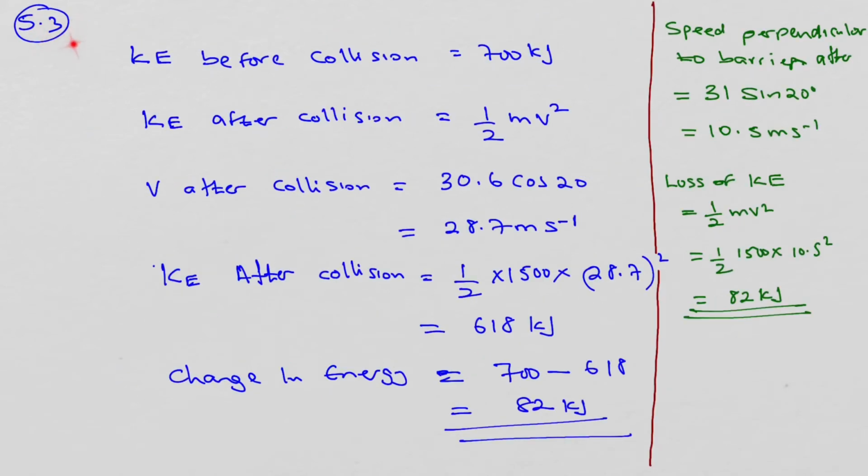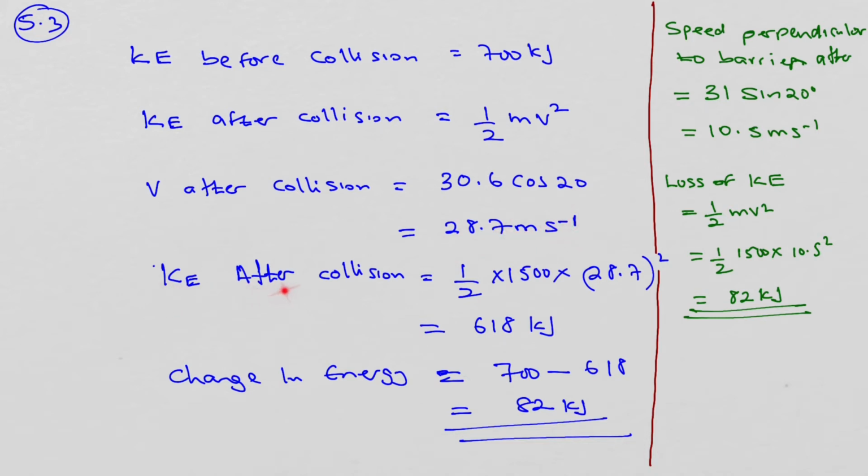Question 5.3. We need to show that the kinetic energy lost in the collision is about 80 kilojoules. Well, kinetic energy before collision is 700 kilojoules, and the kinetic energy after collision is going to be a half mv squared, where v after collision is going to be 30.6 cos 20 degrees, and working out the v, that turned out to be 28.7 meters per second.